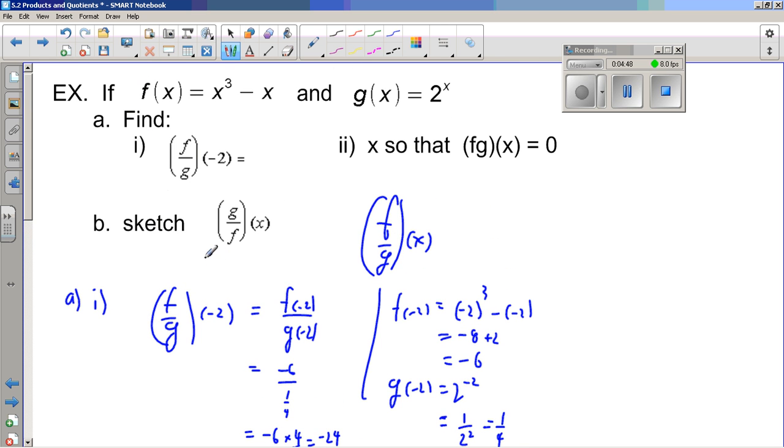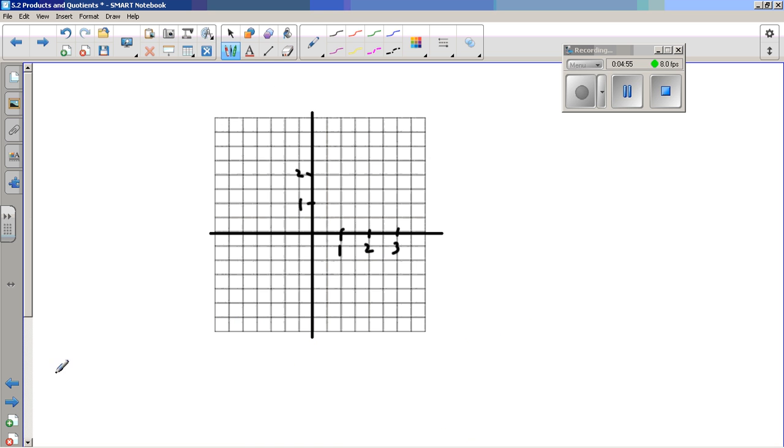Okay, well, how am I going to sketch this? Well, first of all, I want to have a look at it, and I have a grid going on here in the next thing. This is part B. So for part B, I want to graph this g at f at x. Well, let's have a look at it. G is 2 to the exponent x. F is x cubed minus x.